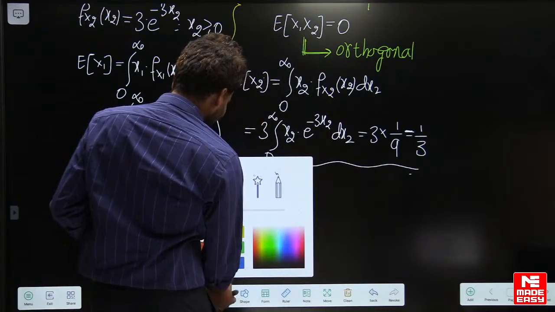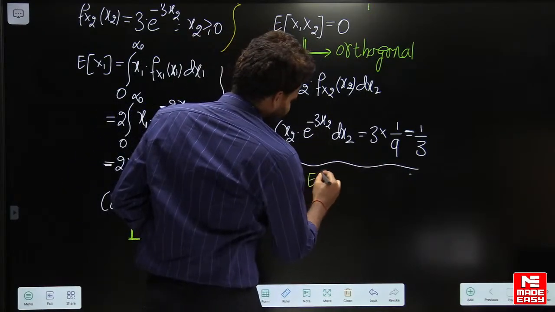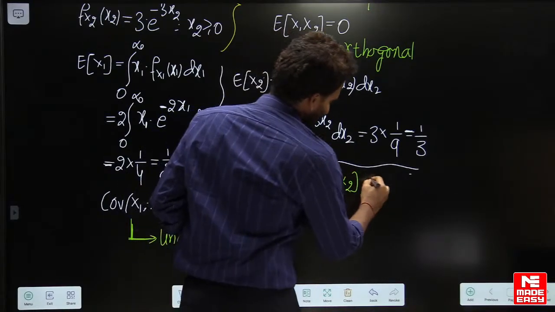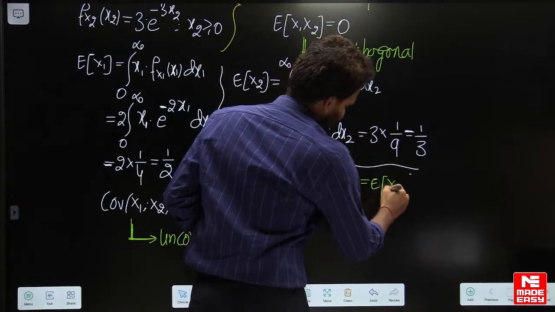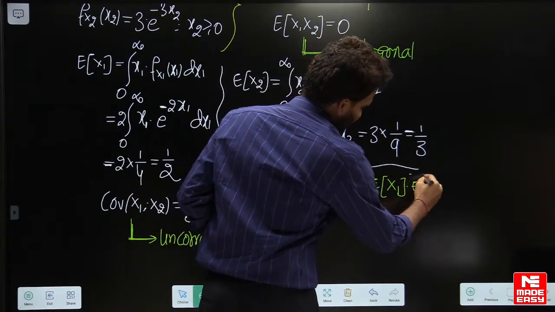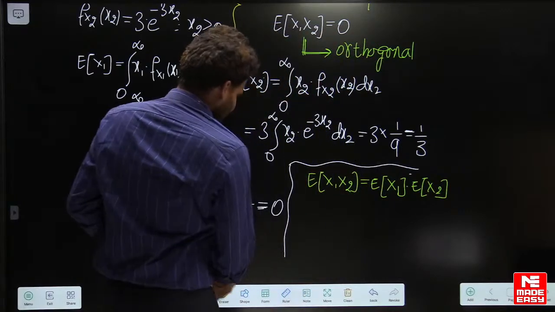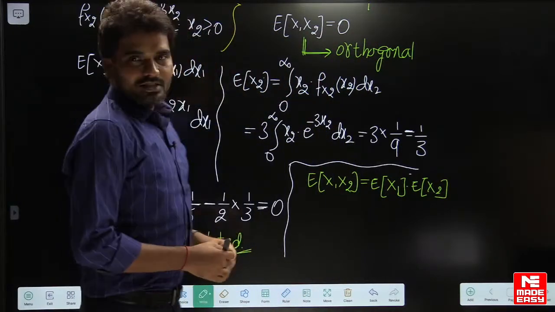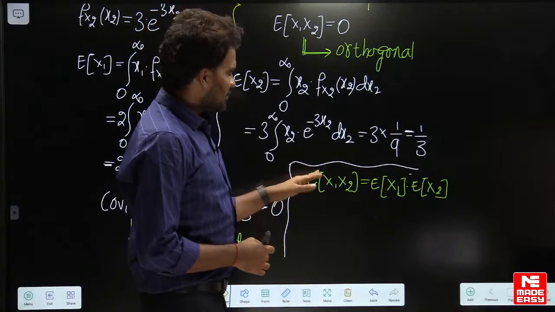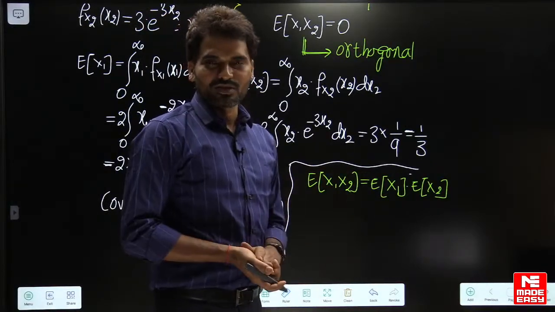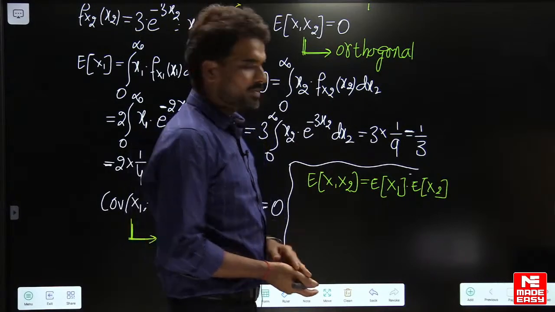Expectation of x1 x2 is equal to expectation of x1 into expectation of x2. If this condition is satisfied, but it's not only for the first order, for every possible order this equality should hold good, then I can say x1, x2 will be independent.